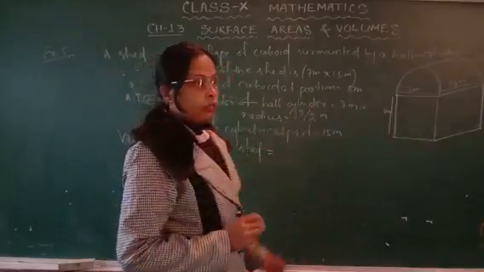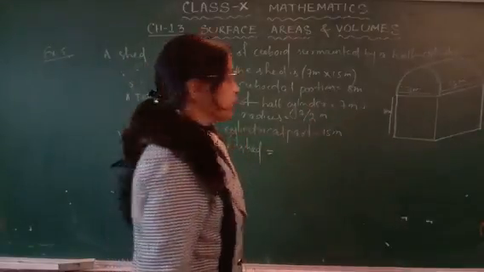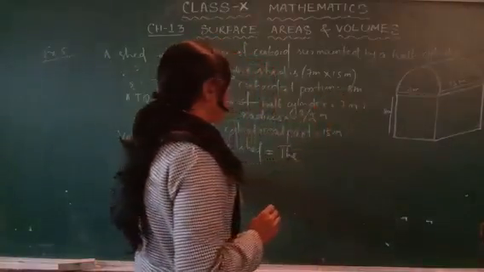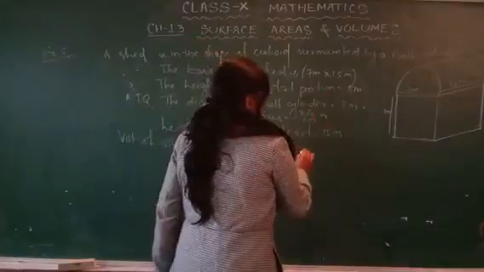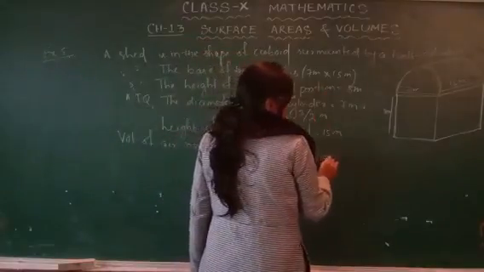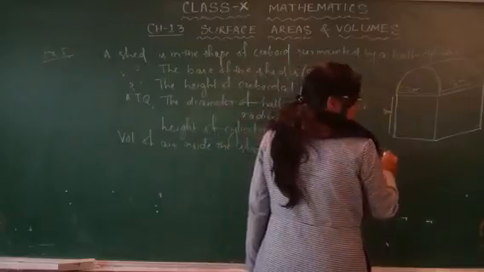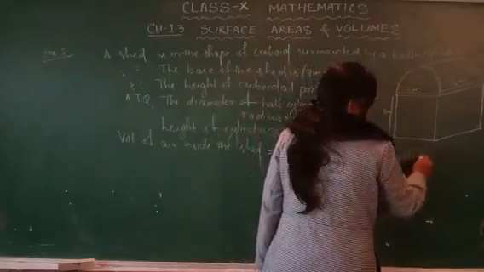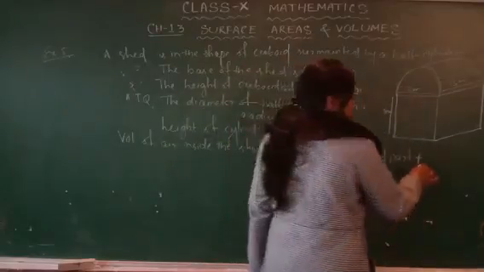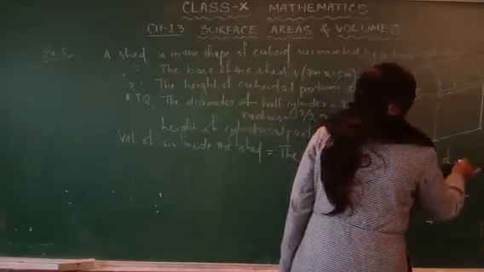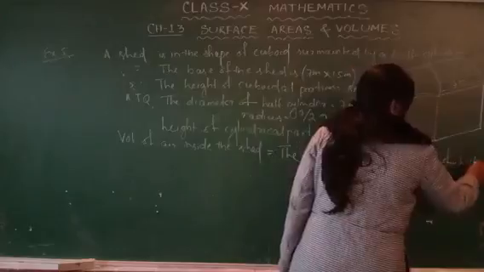The volume of air inside the shed is equal to the volume of the cuboidal part plus the volume of the half cylindrical part.